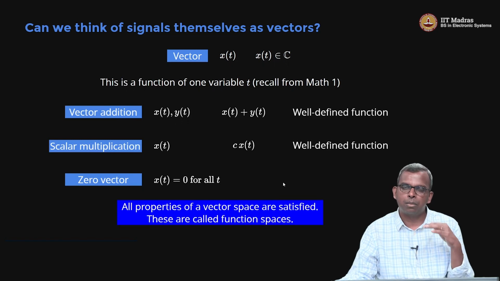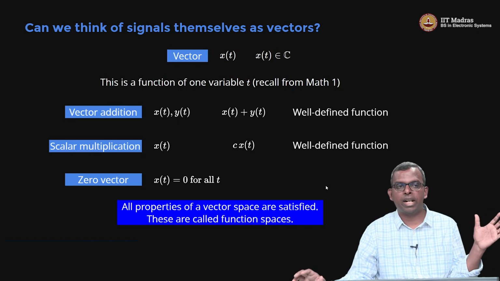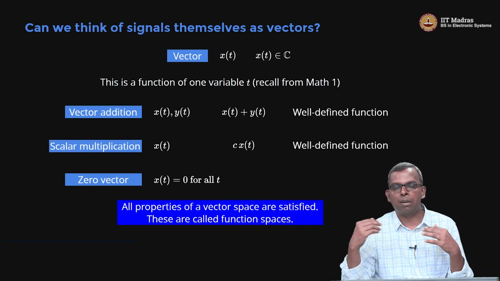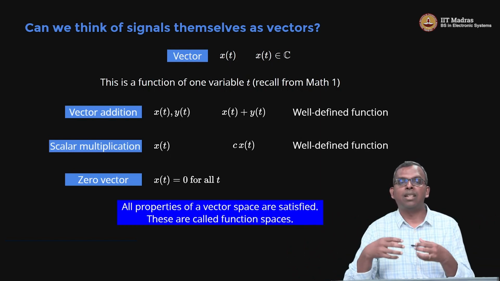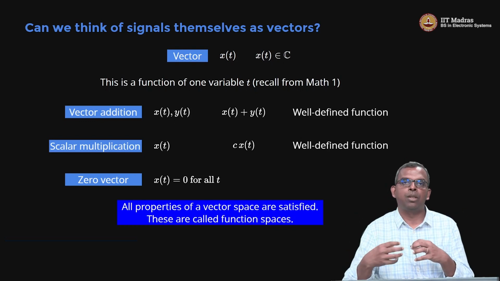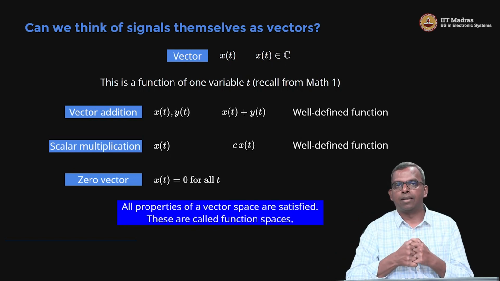Once again, not very rigorous, but from a high level to motivate you thinking about signals as vectors. Previously we saw infinite sequences forming sequence spaces, and there you could add sequences and multiply sequences with scalars. Now, we are seeing that with functions directly, you can add functions, multiply a function with a scalar, and you have a 0 function. So, you can think of these functions as vectors, okay.